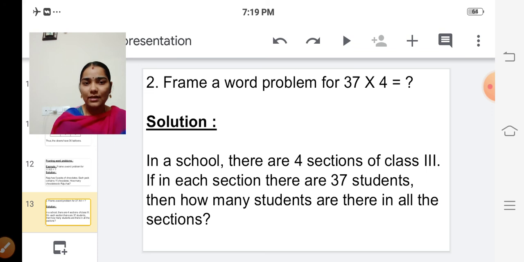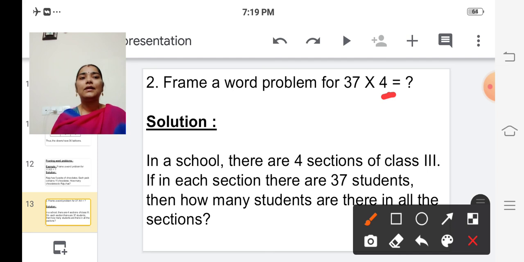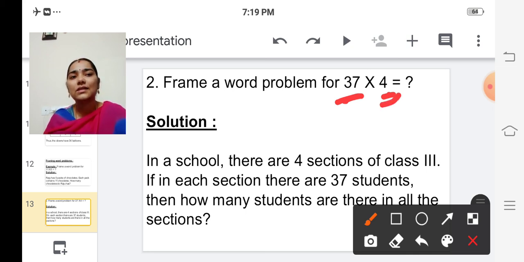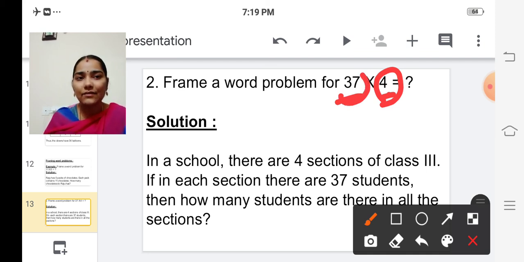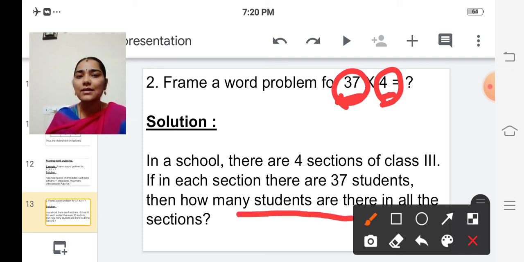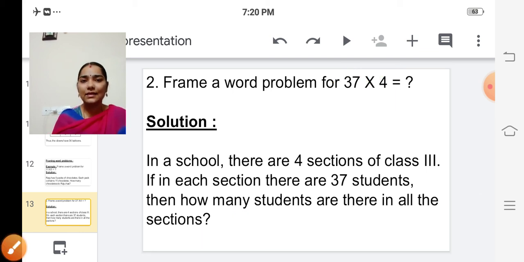If in each section there are 37 students, then how many students are there in all the sections? Is that clear, children?